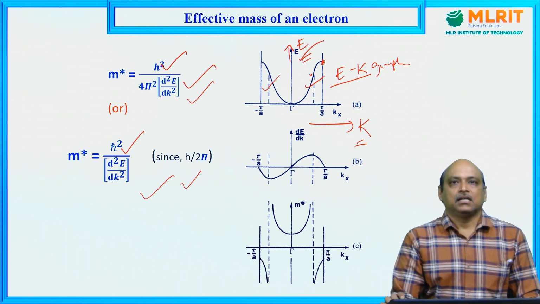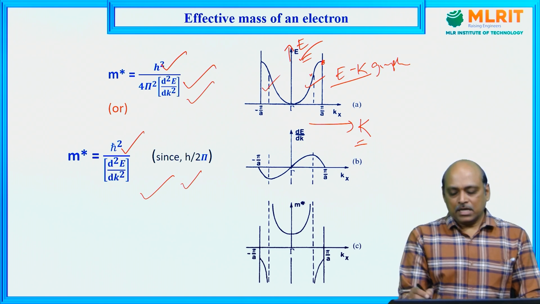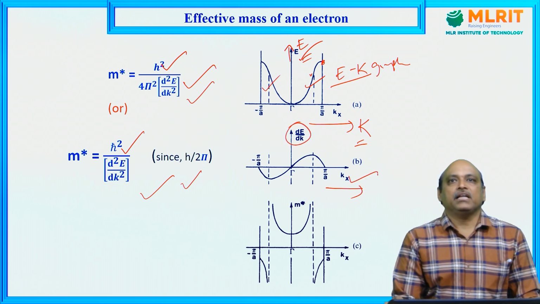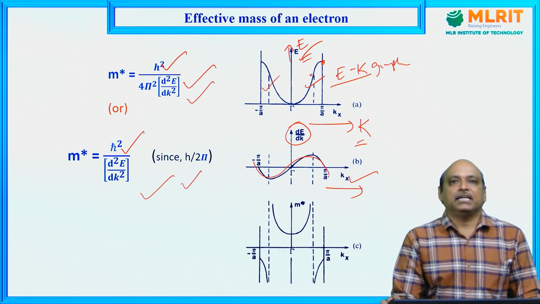Next, if you draw a graph between dE/dk versus k, then we get a periodic function graph like this.